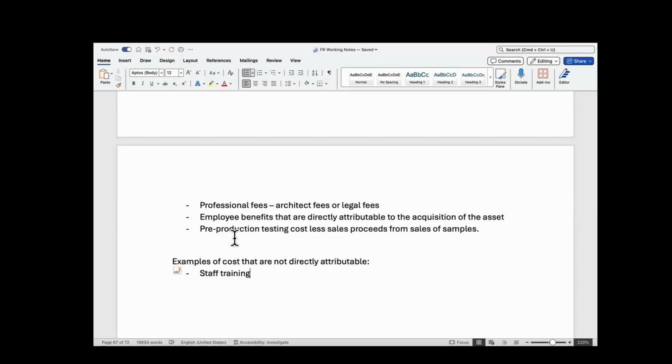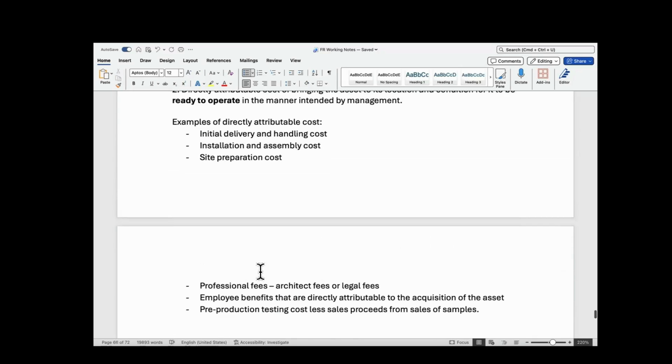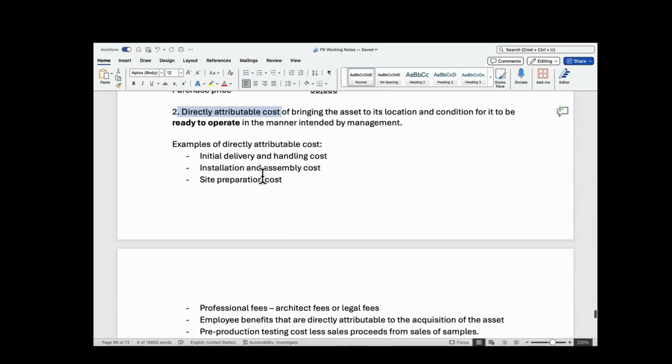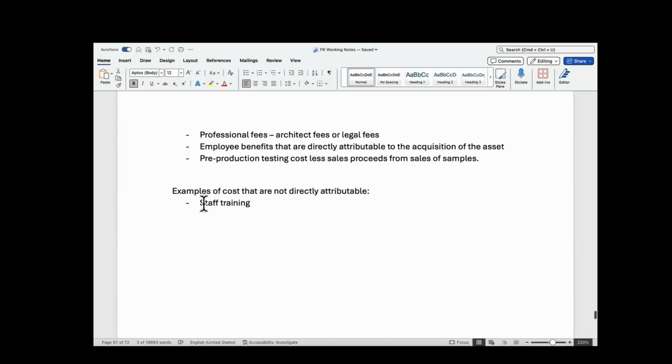but it is not. Because some people think if you don't train your staff to use this asset, now the cost you use to train them is part of the cost of the assets. That if you don't train them, the asset is not ready to operate. So it should be part of directly attributable costs. But the reality is this: the asset, as soon as it is ready, whether your staff know how to use it or not, that does not stop the asset from being ready.